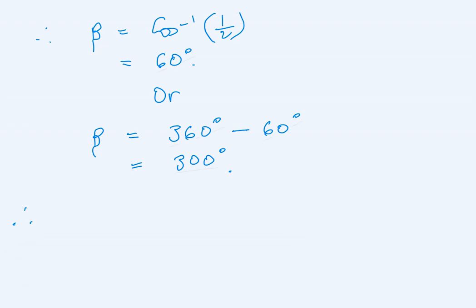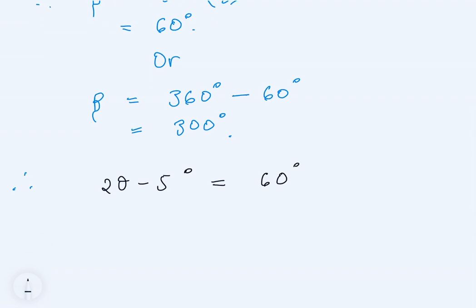We say therefore, we know that beta is equal to 2 theta minus 5 degrees. So we substitute that 2 theta minus 5 degrees back there. We replace beta with 2 theta minus 5 degrees because that's what we said beta is. So we say 2 theta minus 5 degrees is equal to 60 degrees. We start with the first solution.